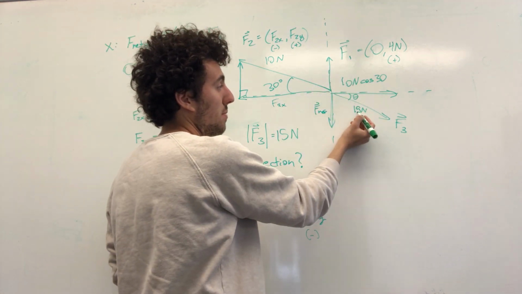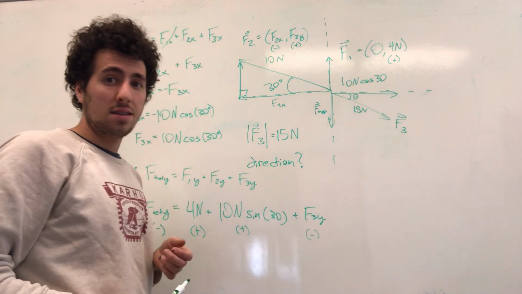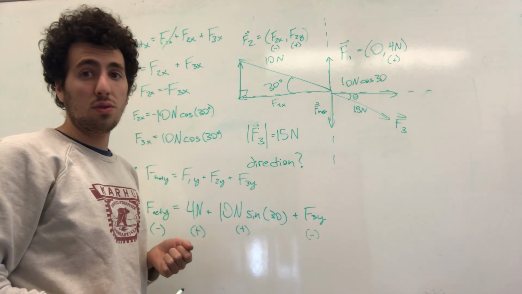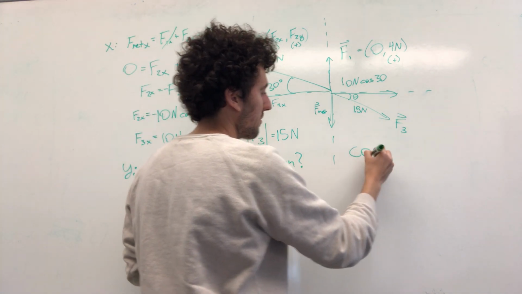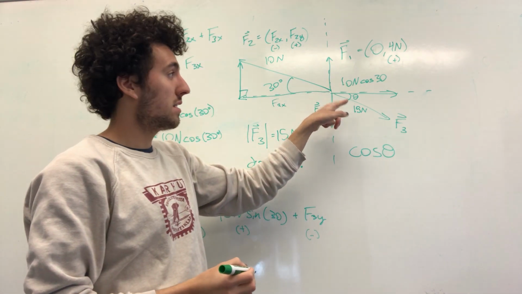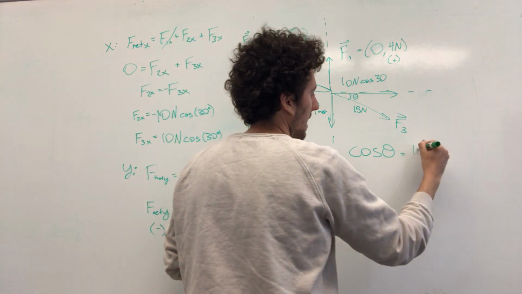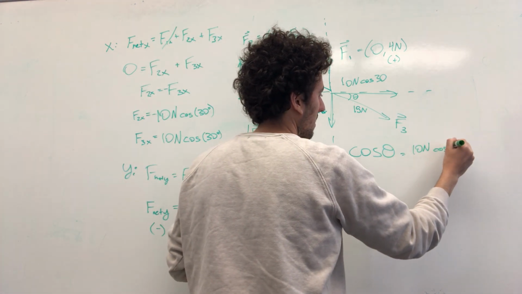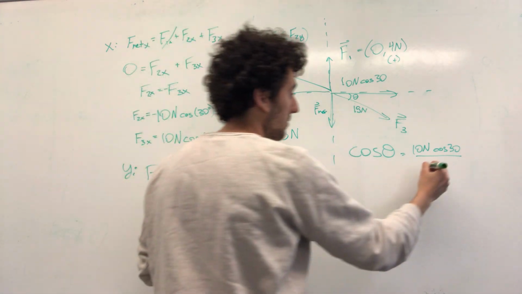So here I have my hypotenuse, and my adjacent side. So that means we're going to use cosine. And in this case, we're going to have to use inverse eventually, but we're left with cosine of theta. So the cosine of this angle here is equal to the adjacent, 10 newtons cos 30, over the hypotenuse, which is 15 newtons.